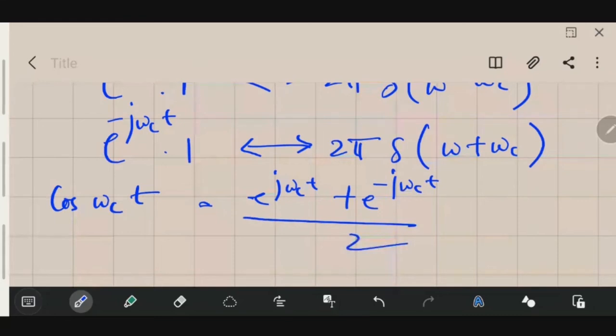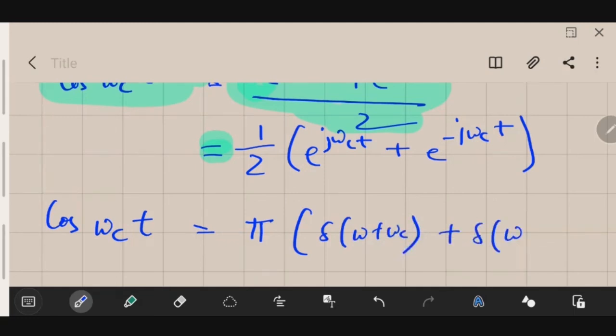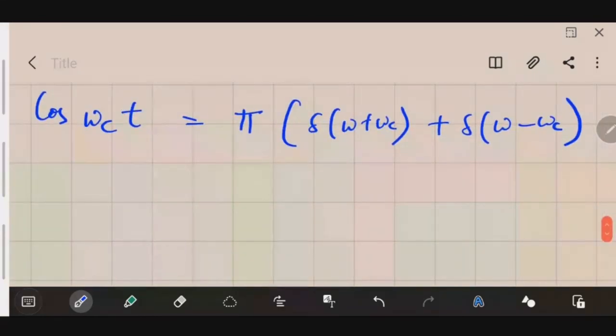We could always write it in this way: cos omega ct corresponds to pi times how much? Del omega plus omega c, plus del omega minus omega c. See, this result has a very big implication. Just a minute, we have to write it in this way, not with an equal to sign. Equal to sign will not be there.